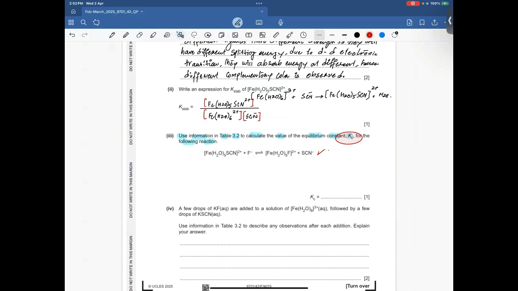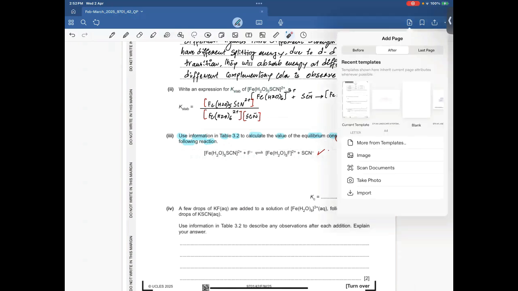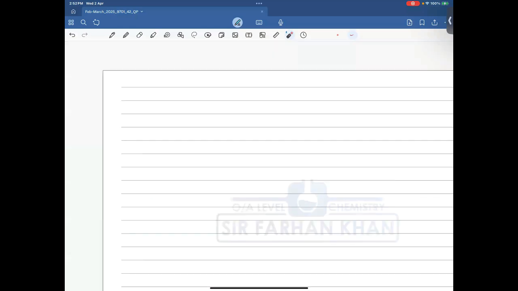Okay, first of all, I need to make this equation and then this equation, and then I have to flip this. Okay, I've got the idea, but let me discuss this in detail. Otherwise, you are not going to get the concept.